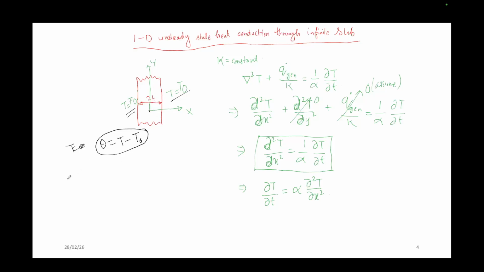Here T equals T naught, similarly on the other side. So the first boundary condition should be that at x equal to 0, its gradient should be 0. So d theta by dx should be 0, right?